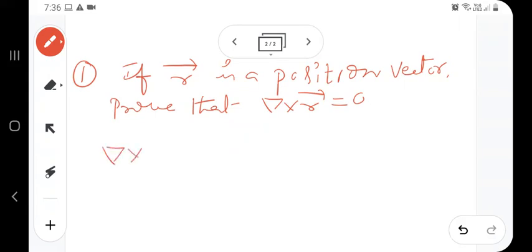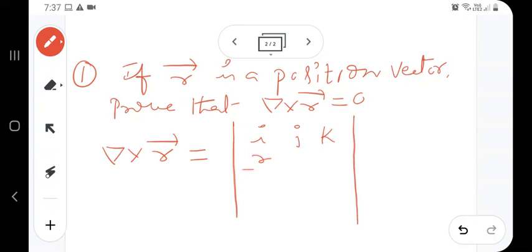Let us take the curl formula. Del bar cross r bar is equal to the determinant I, J, K, dou by dou x, dou by dou y, dou by dou z, and the r bar components x, y, z.